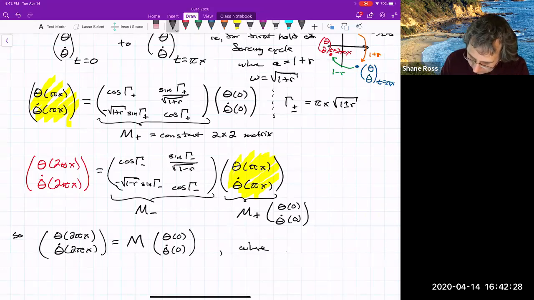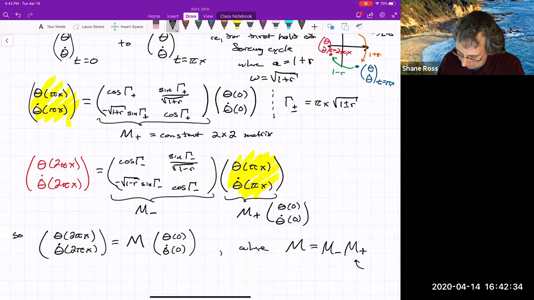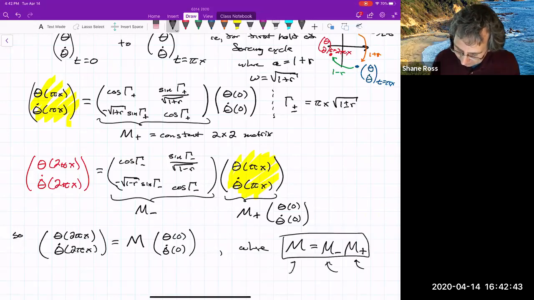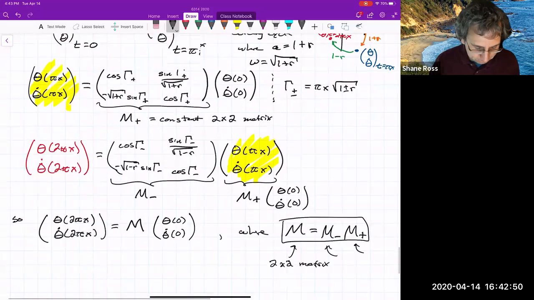So where M, let's be careful here, it's M minus times M plus. So in temporal order, M plus happens first and then M minus. And that's how you write the matrix. So M is just another 2 by 2 matrix given by the matrix multiplication there.